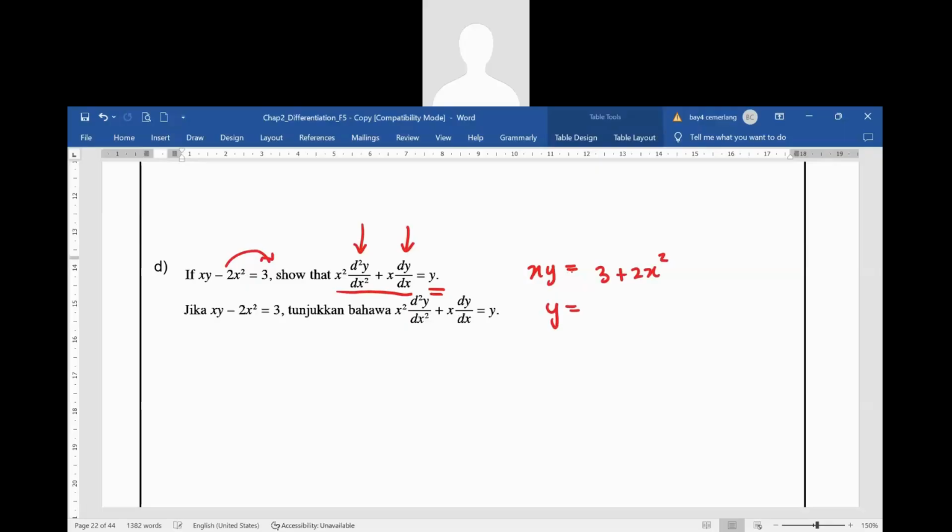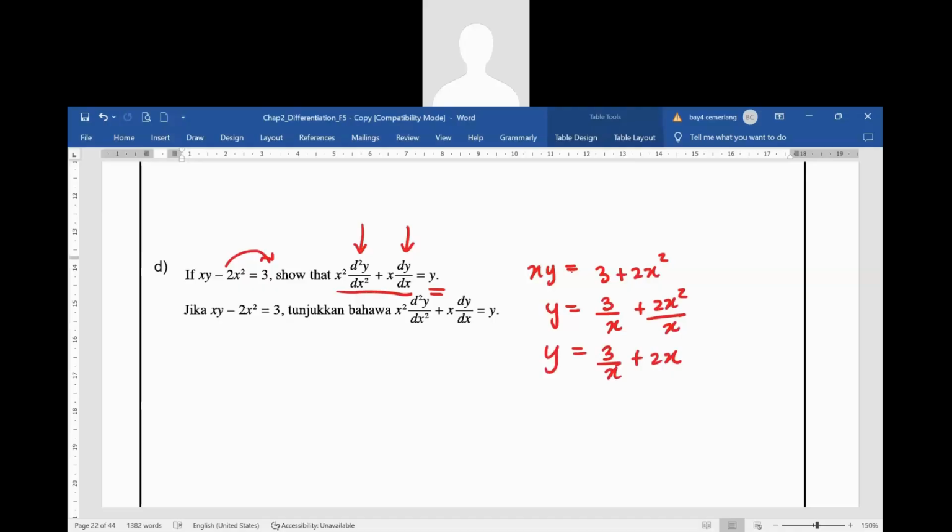Jadi y ialah 3 over x plus 2x square over x. Menjadi 3 over x plus 2x. Okay, you jadikan y kamu macam ni dulu. Okay, right, you got your y ready. Okay, correct eh? Divide everything by x.